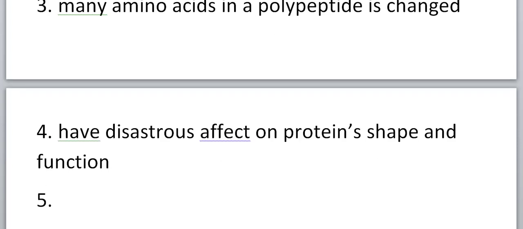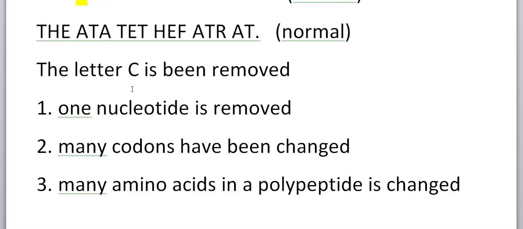The deletion of the nucleotide is called frameshift mutation, because many nucleotides have been changed.